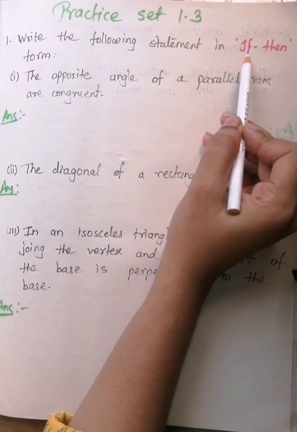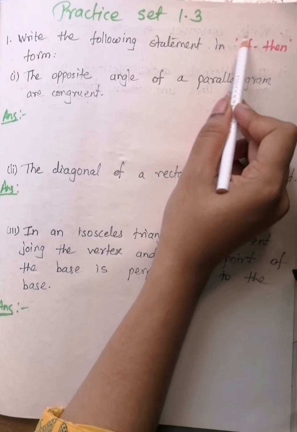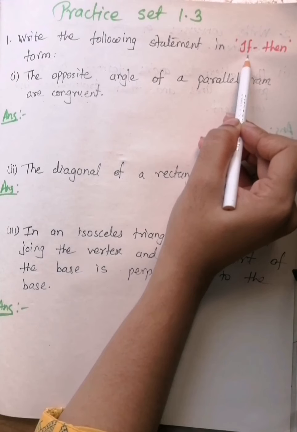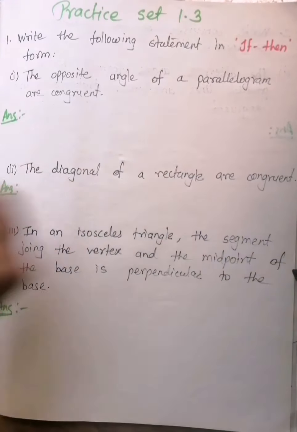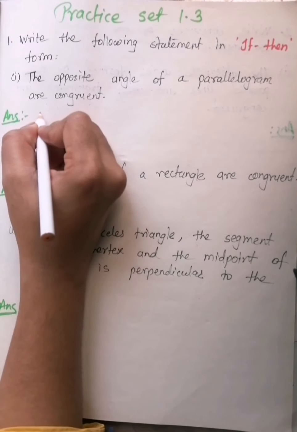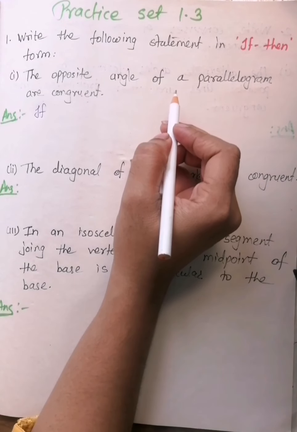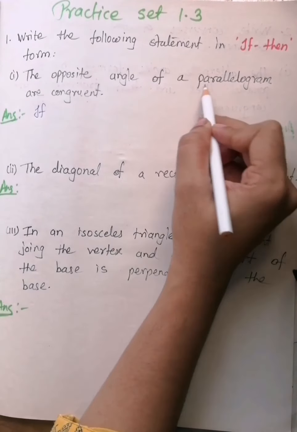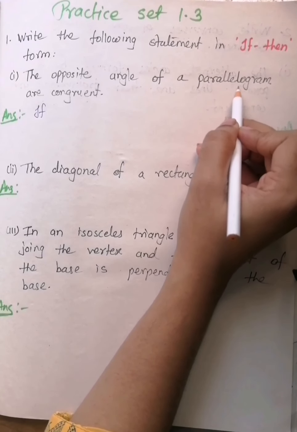So if is the antecedent, meaning the sentence after if is the antecedent, and the sentence after then is the consequent. Okay, so start writing, students. First write down: if a quadrilateral is a parallelogram. Parallelogram means quadrilateral, because a parallelogram has 4 sides.